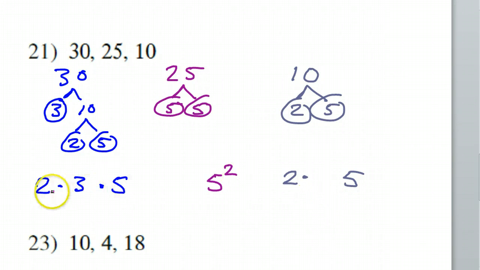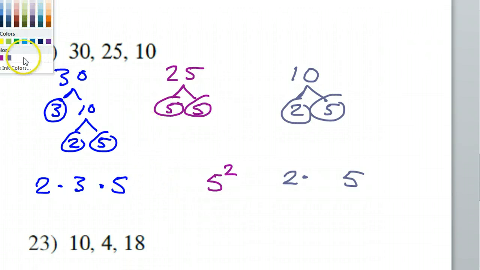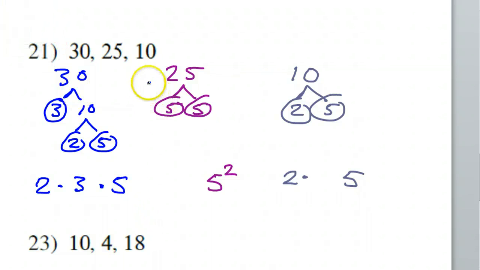So let's start with the 2. This has a 2. This purple one doesn't have any 2's, so it's going to need a 2. I feel like I should have a divider line in here. What color have I not used yet? I'll use orange.